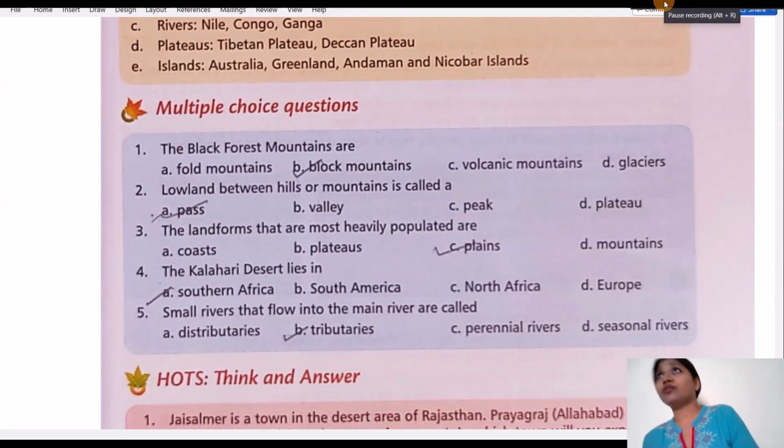Filling the blanks, match the column. These types of short question answers should be prepared first.